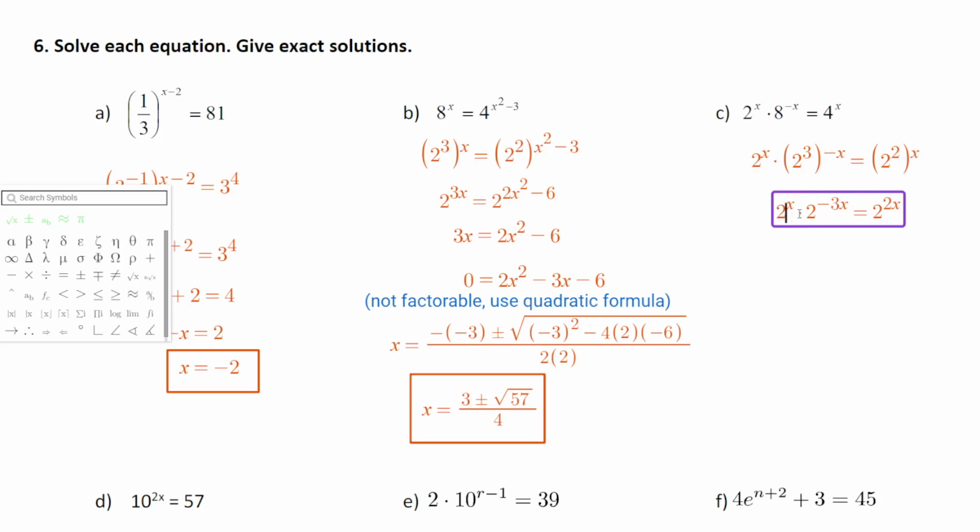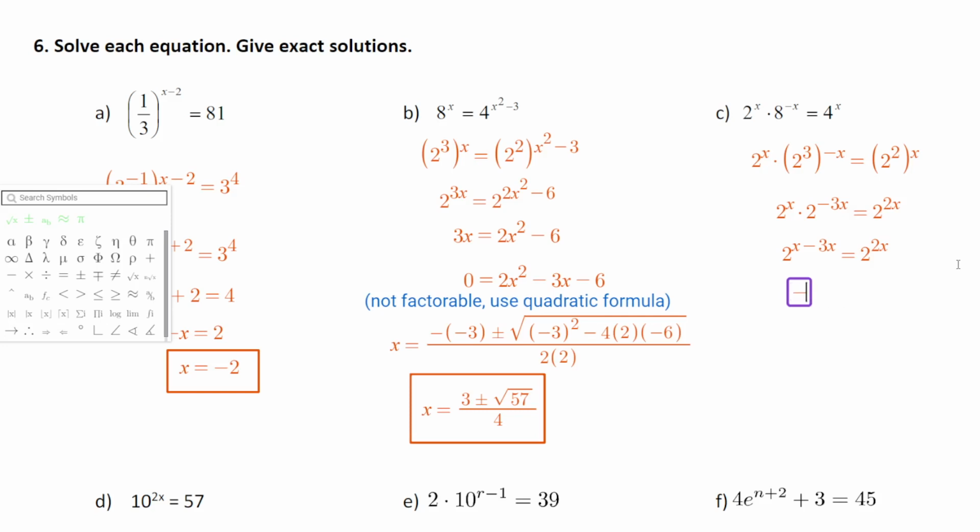I'm multiplying two powers with the same base, and the way to do that is you add the exponents together to combine them. Okay, so this left-hand side is going to end up being 2 to the power of x plus negative 3x, or x minus 3x. So now that I have both sides written as simply powers of 2, I can drop the bases and set the exponents equal to each other.